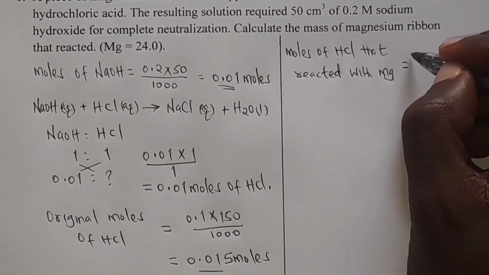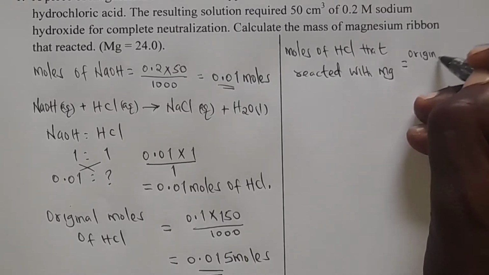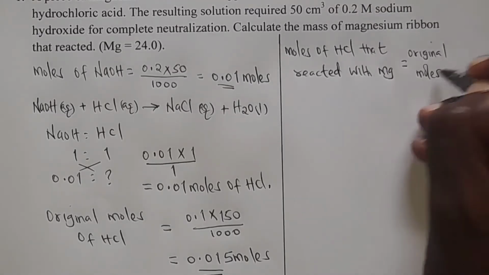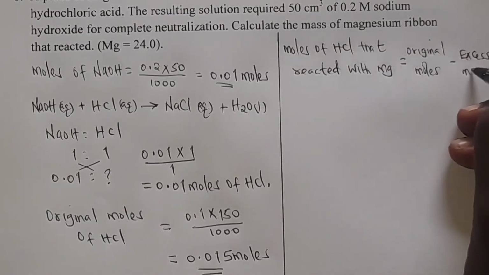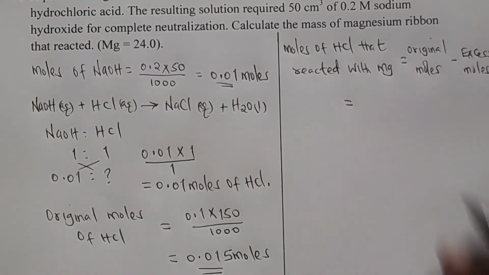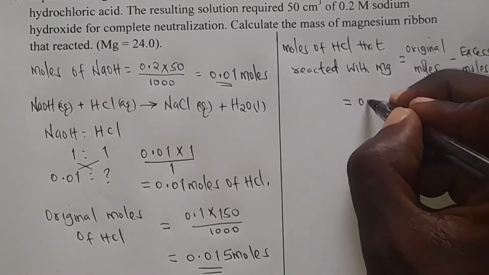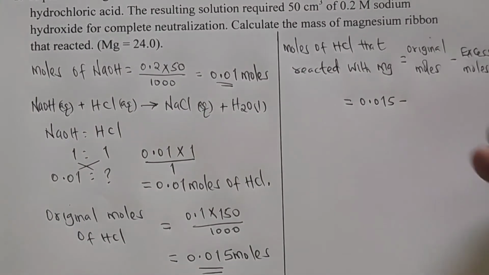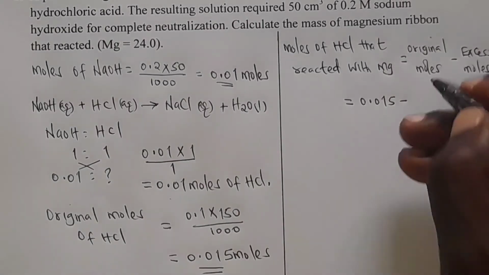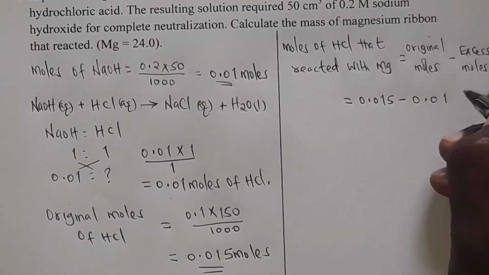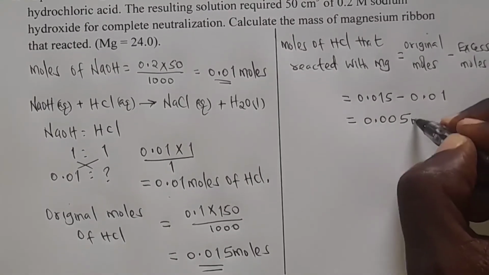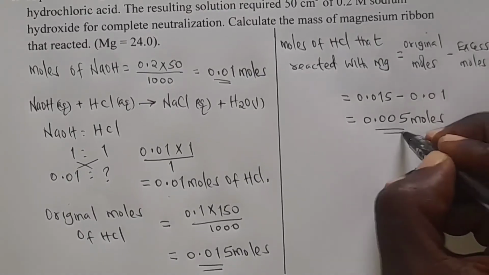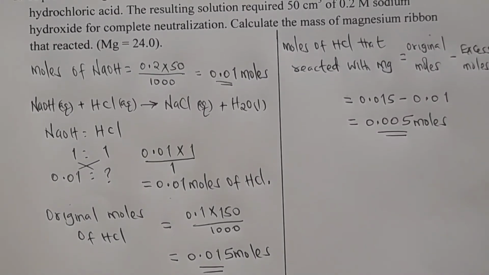So original moles minus excess moles. This equals the original moles, 0.015, minus the excess moles, 0.01 moles. This gives us 0.005 moles. This is the number of moles of hydrochloric acid that reacted with the magnesium ribbon.